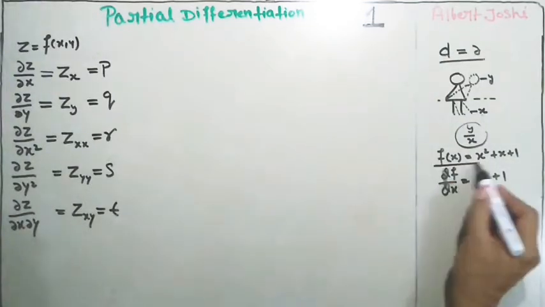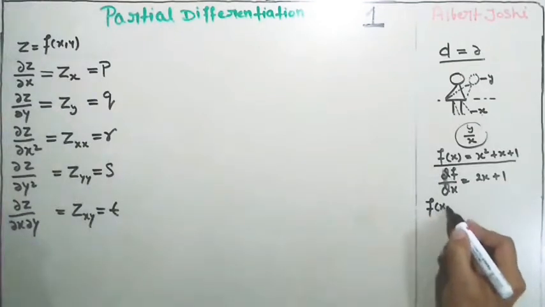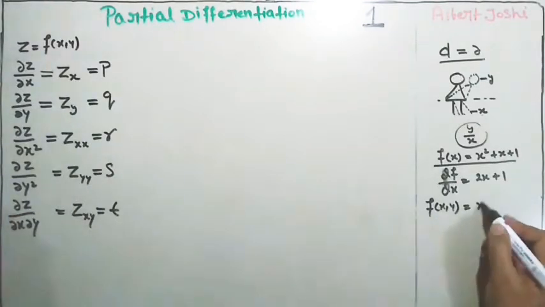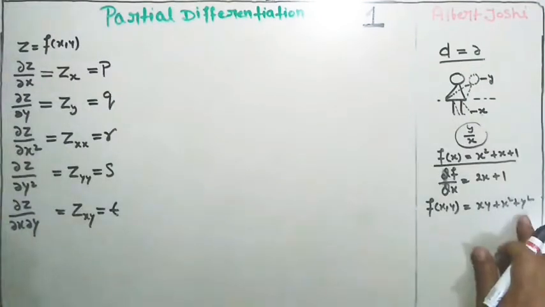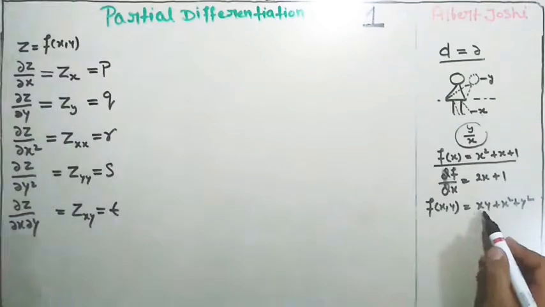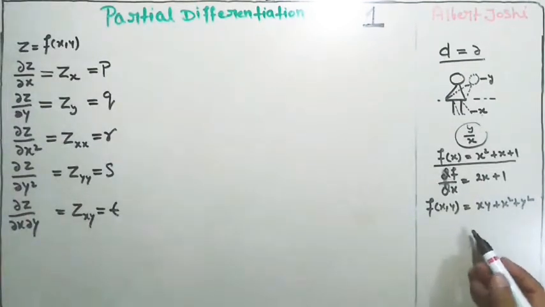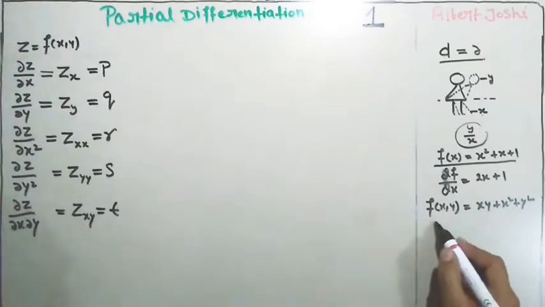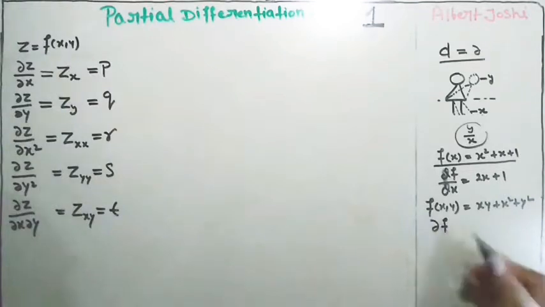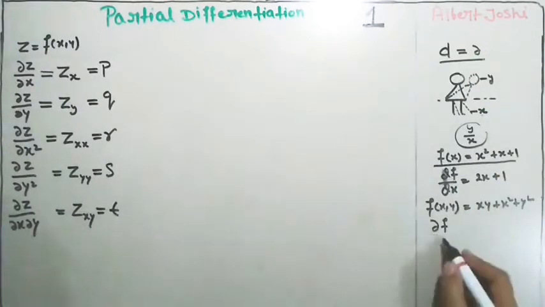If a function has more than one variable, suppose you have the function f of xy, which is xy plus x square plus y square, you can see that there are more than one variable. If you differentiate, you will use this type of symbol. Both are same. This is also derivative.